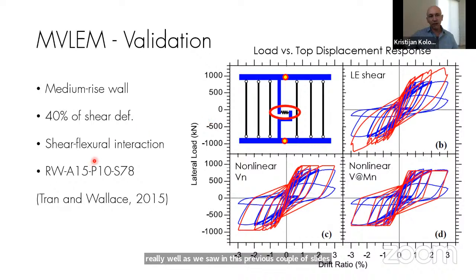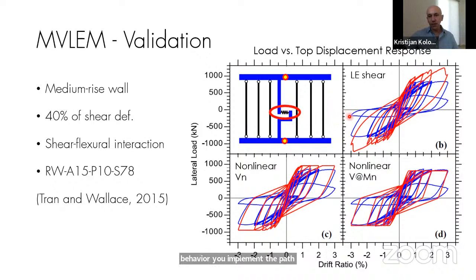So here we have an example when this model doesn't work that well. For example, we have this one specimen that was medium rise. It had an aspect ratio of 1.5, and it had a lot of nonlinear shear deformations. If you want to capture the response of something like this, you will see that you can get very different results depending on what type of behavior you implement in this shear spring.